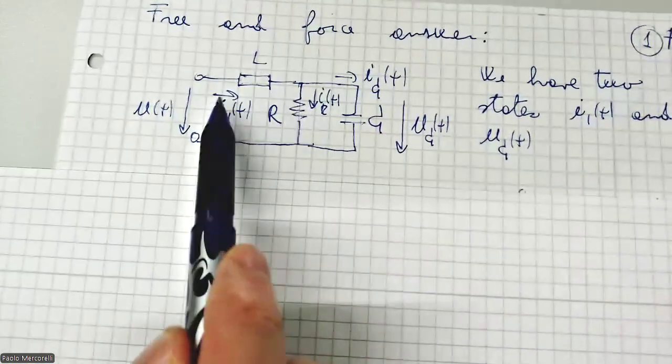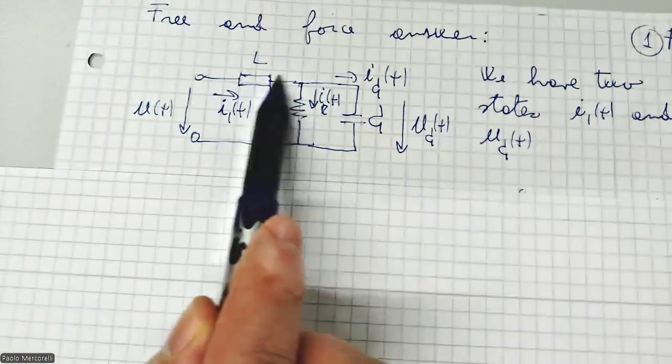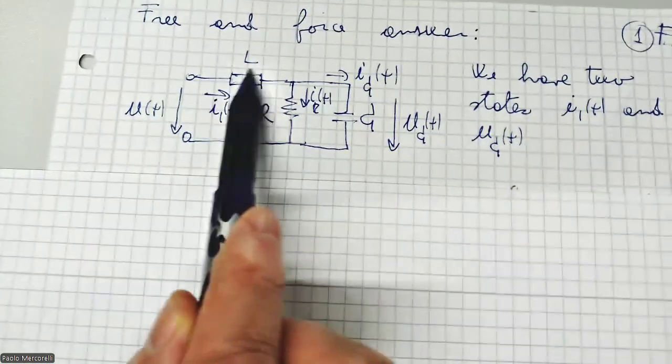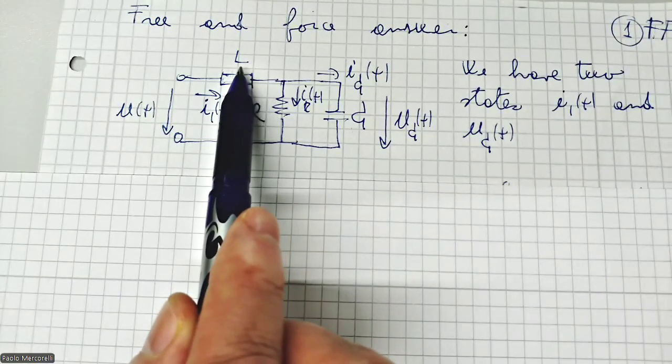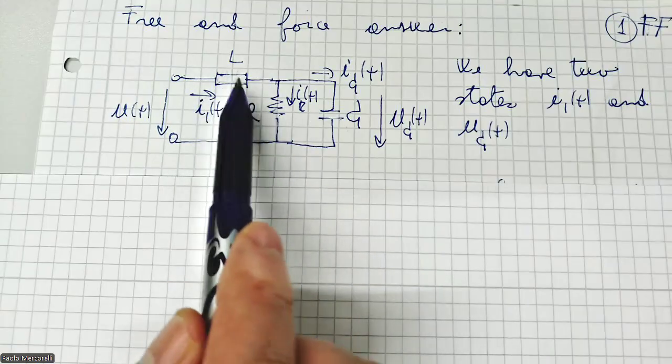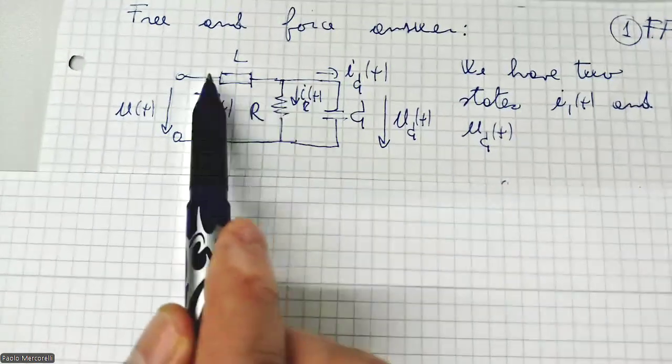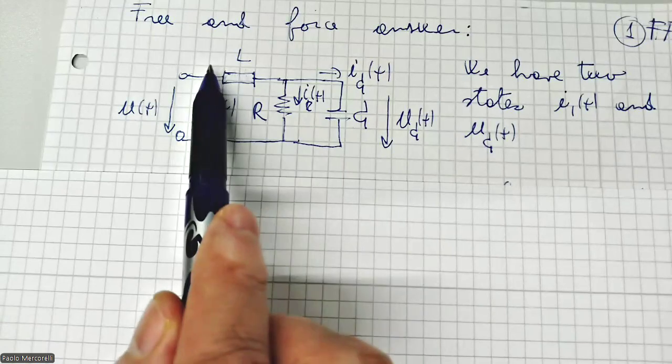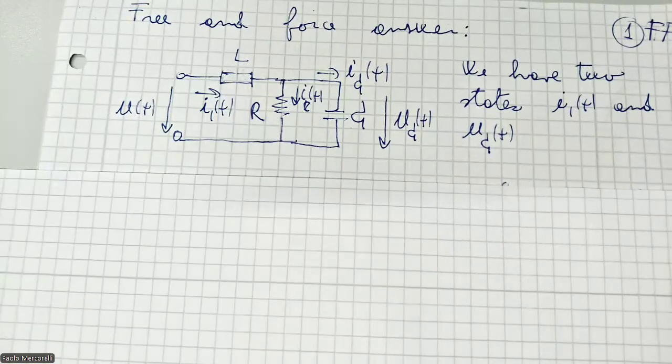It could be u_L. We have seen this also at the beginning, I think: I can consider u_L, any variable, believe me, not necessarily the state variable. Which kind of state variables do we have? What about the state variables?